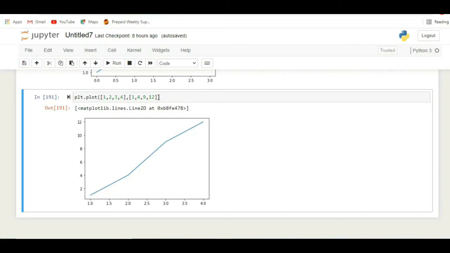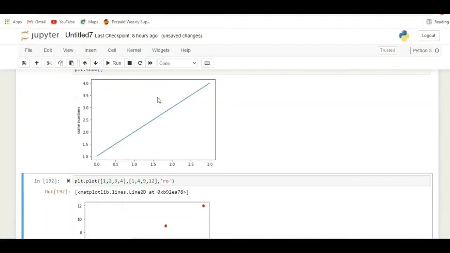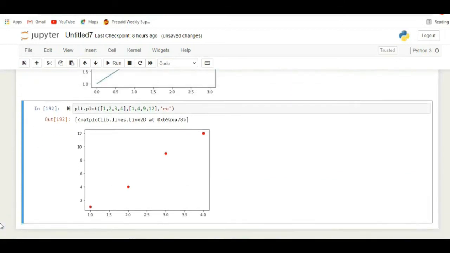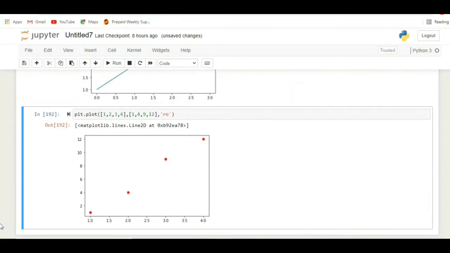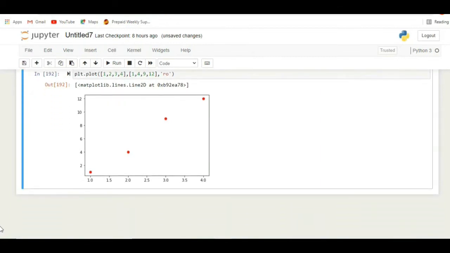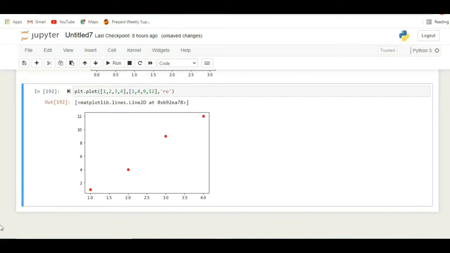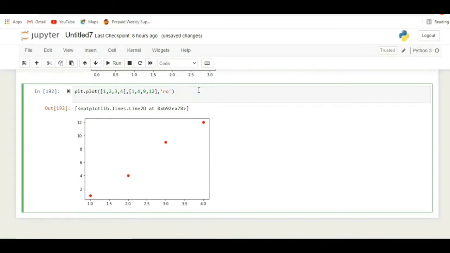If I write 'ro' over here, like the red color, you will see different things: only the dots or points at 1, 4, 9 and 12, and similarly on the x-axis 1, 2, 3 and 4, in the coordinate axes. Here you can write plt.show.